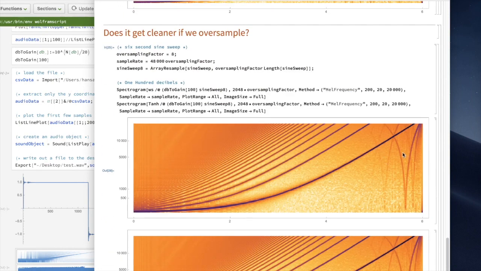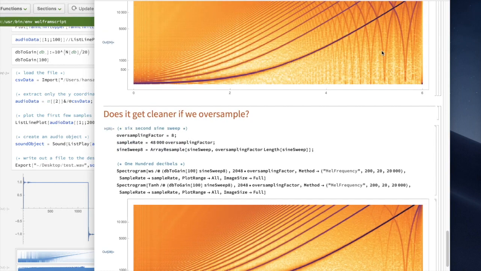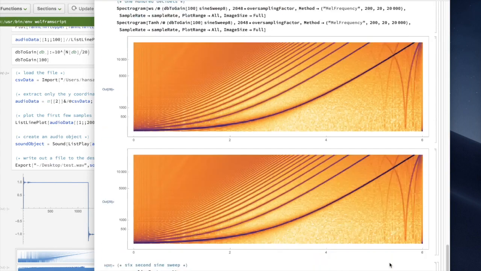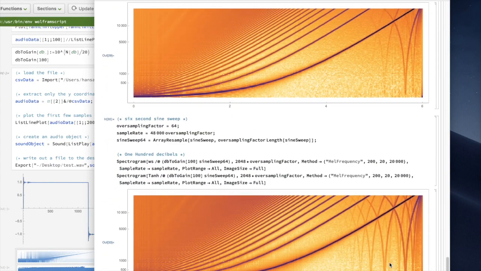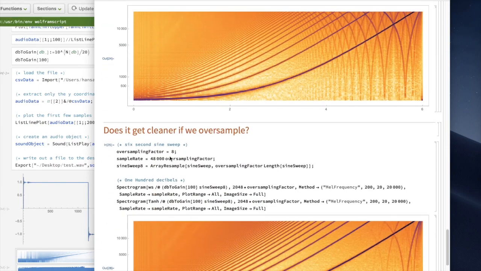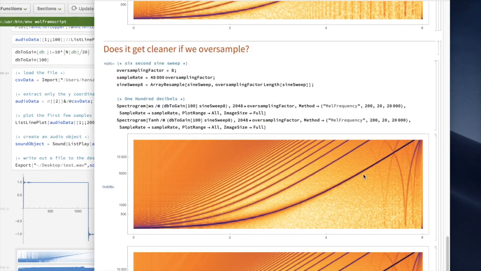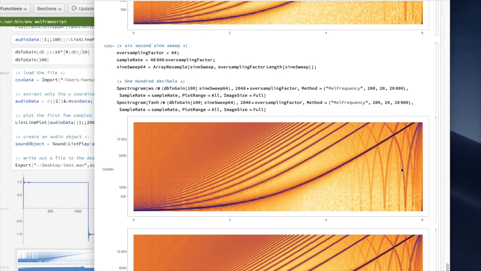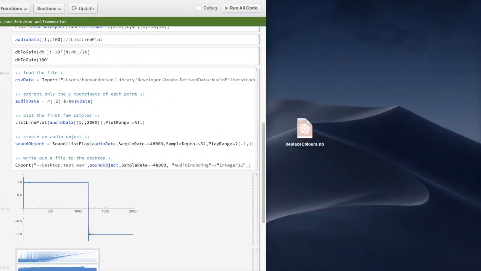What we're seeing is that there's still plenty of this chaotic noise type of aliasing, but we're not seeing so much of this harmonic aliasing. These purple lines have greatly reduced. But I think Mathematica is playing games with us, because here this is an oversampling factor of 8, and here I've gone up to 64, and it actually got worse when I oversampled higher. So let's ignore this. We've got other ways to deal with this.